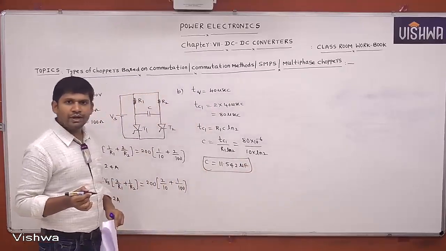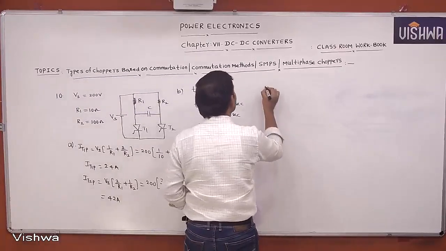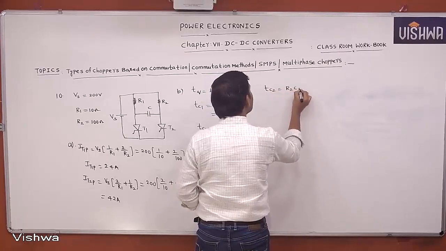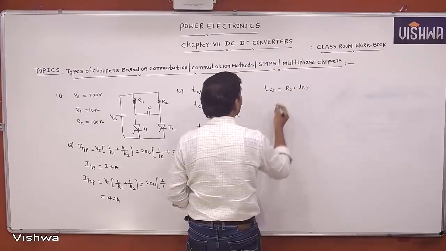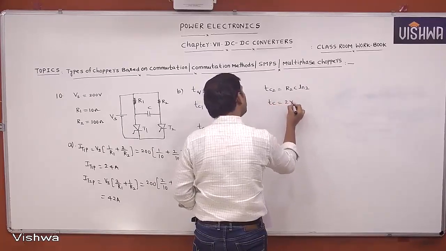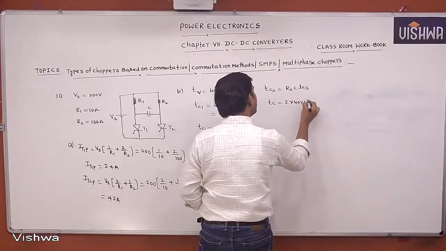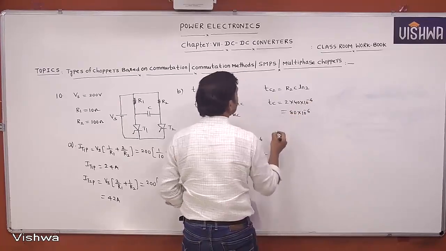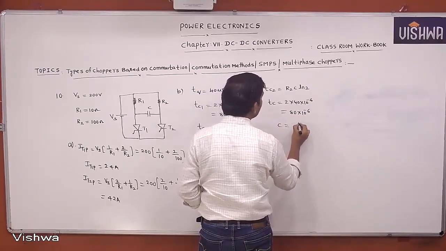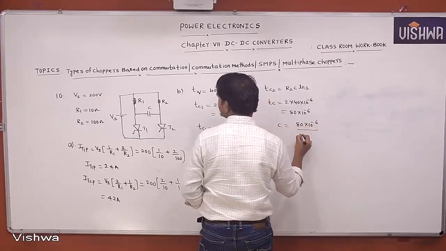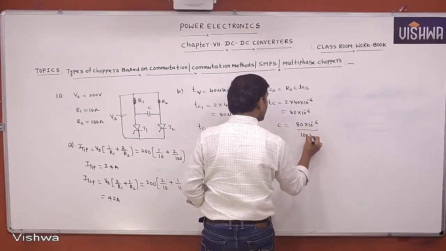Now with respect to the T2 thyristor, Tc2 equal to R2C into ln of 2. Tc2 is also 2 into 40 microseconds, which is 80 microseconds. Then C equal to 80 into 10 power minus 6 by R2, that is 100 into ln of 2.